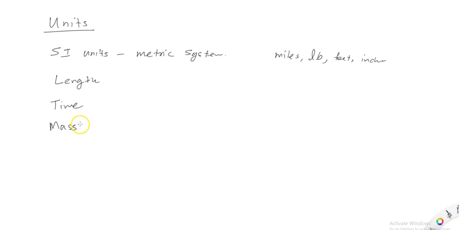Most of the other quantities that we measure, for example speed, acceleration, force, are combinations of these base units. So these are called base units or fundamental units, and the combinations are called secondary units or derived units.